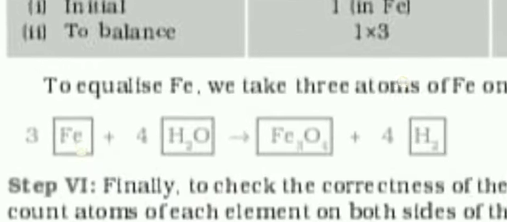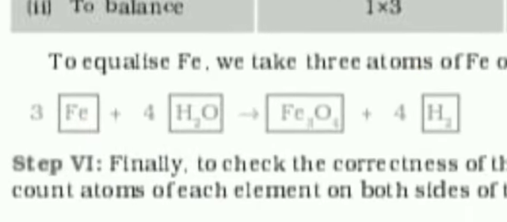This is the completely balanced side, the LHS, that is the reactants side. And one more thing I forgot to tell you. If you take this as a chemical equation, here iron and water are the reactants.